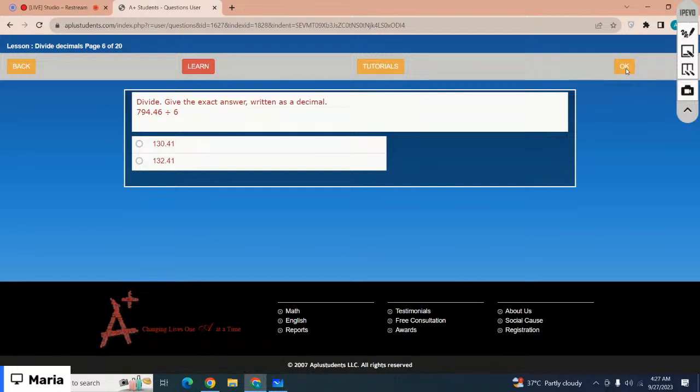Okay, 794.46 divided by 6 equals, that would be 132.41, right?